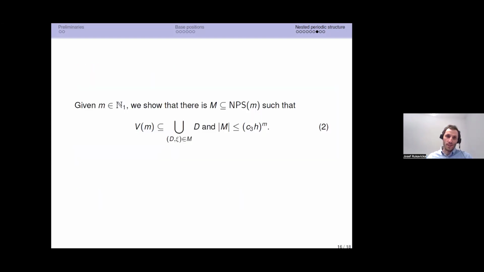And now the second most important result of the paper is this one. A couple of slides before, I defined this set Vm as the positions that can be reached by the concatenation of m palindromes.